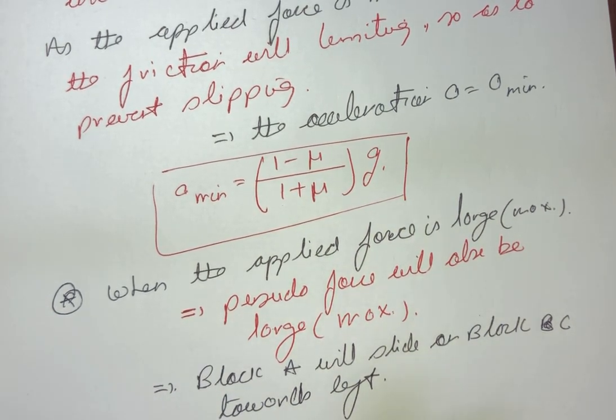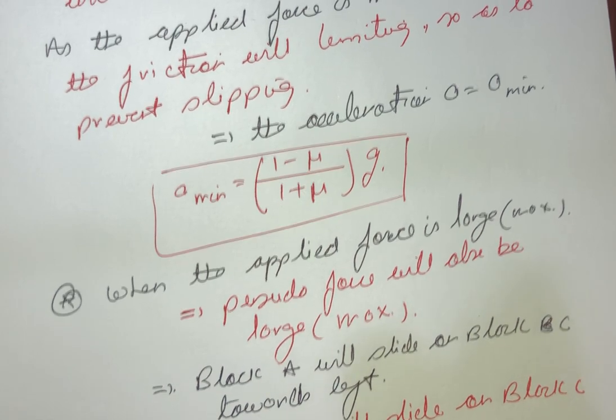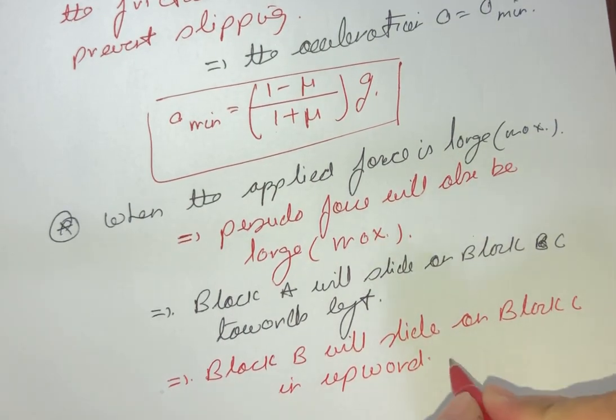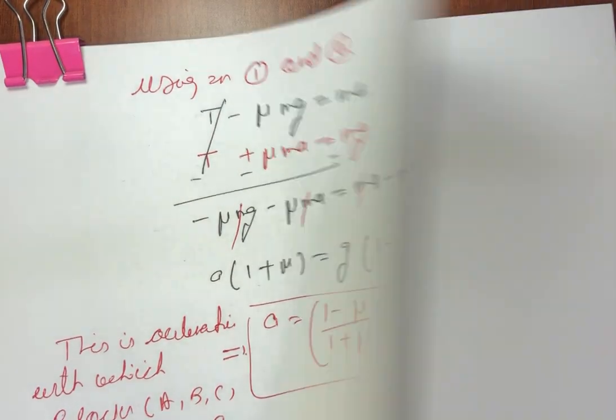The block B will move upward. Okay. Block B will slide on block C in the upward direction. So we can represent this with the help of the figure also.